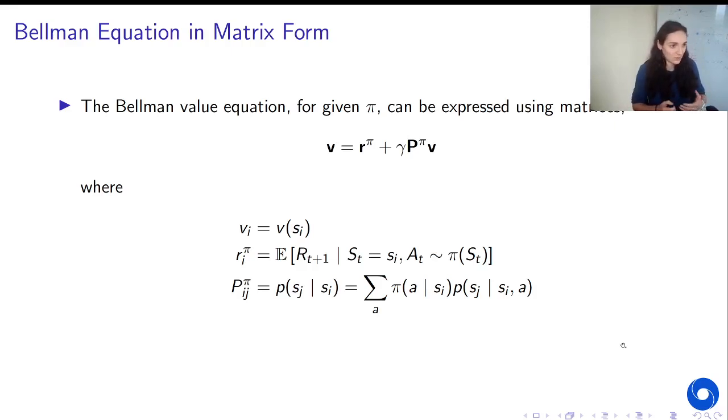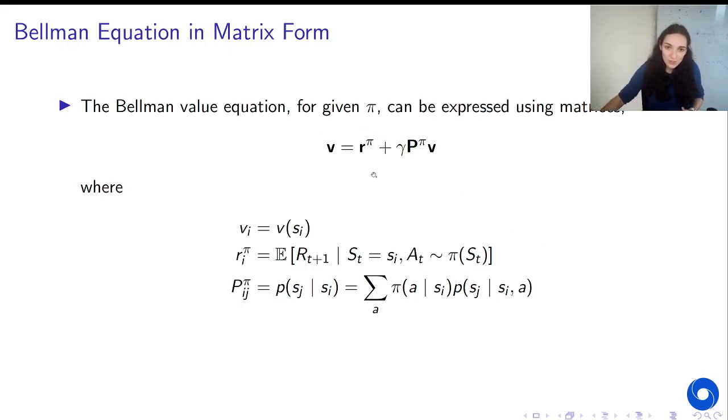And for each state and action pair, we would have the same for the Q values. For now, we're just going to focus on computing the value function for a policy pi, and for that we're going to collect all the Bellman equations for all the states in the environment into a system of equations that can be rewritten in this matrix form.